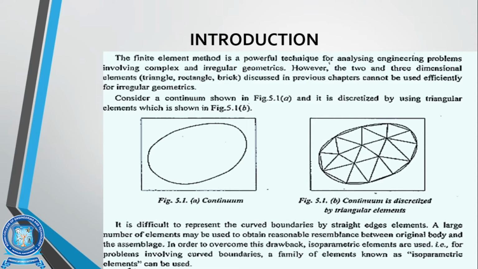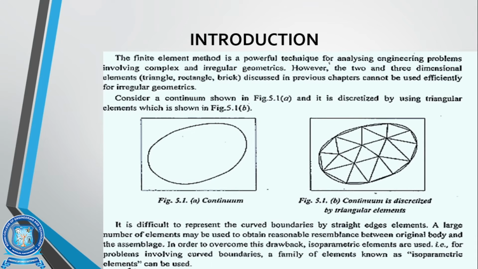In problems involving curved boundaries, a family of elements known as isoparametric elements is used to get the analysis of the irregular parts and irregular elements, to get the exact output of the element.